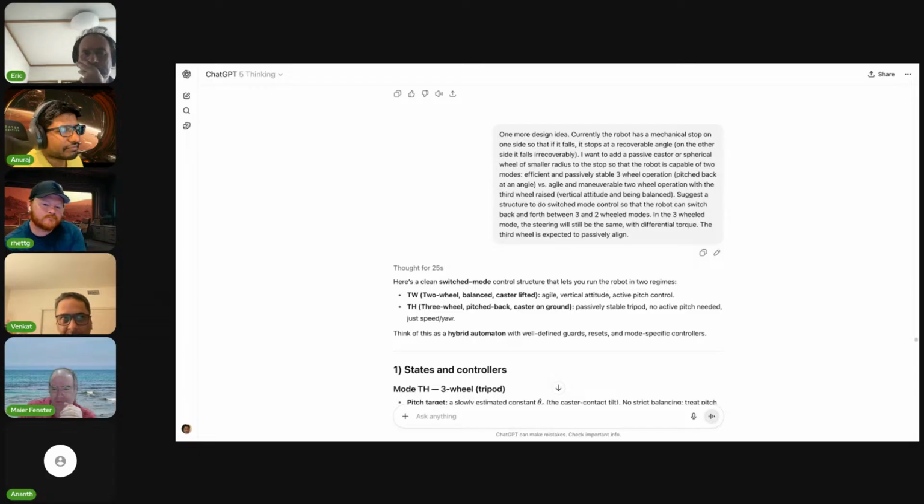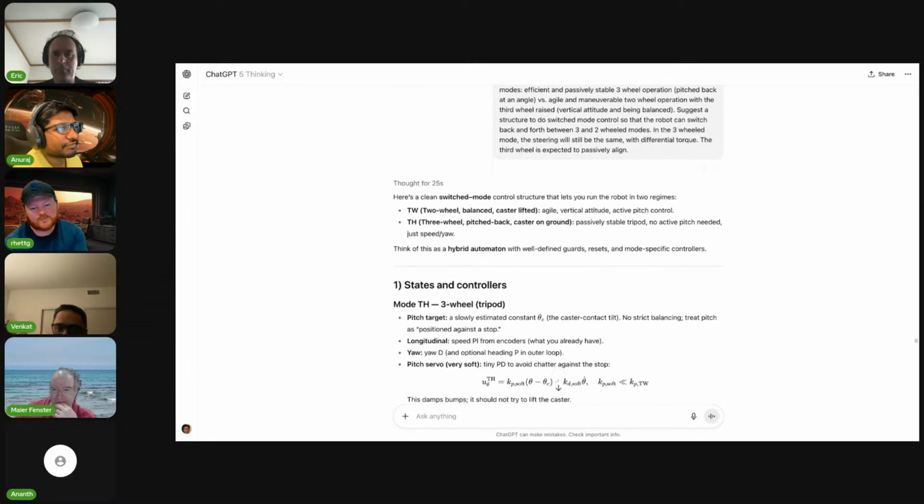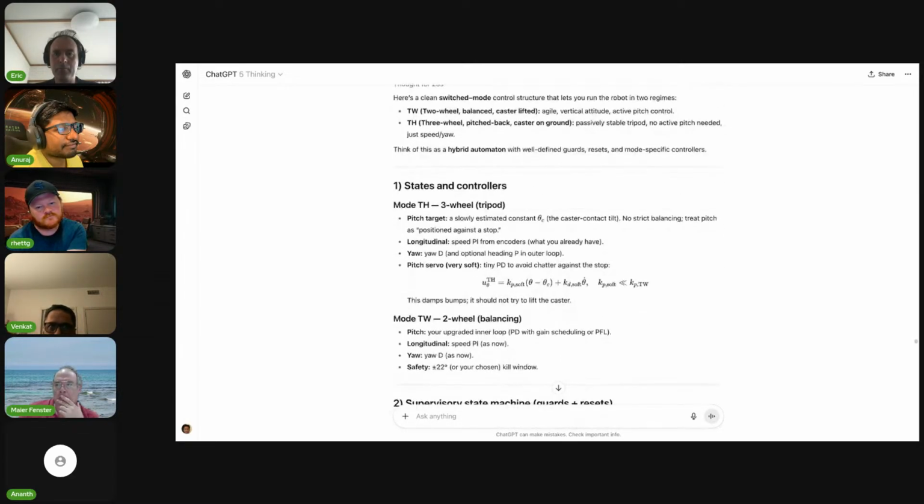And when we want to be agile and spin around and do acrobatic things, then we switch to balancing mode. It came up with a fairly good architecture of this that I'll have to sit down and evaluate. But basically, I think within the Elegoo, we can have it default to a 3-wheeler, and then sometimes switch to 2-wheeler and do agile things.